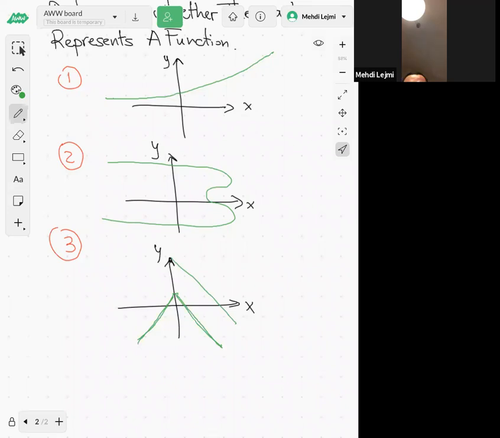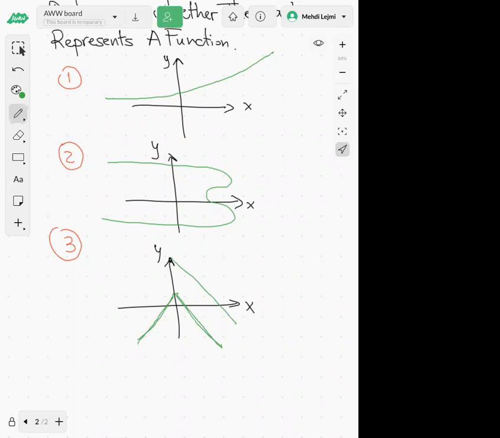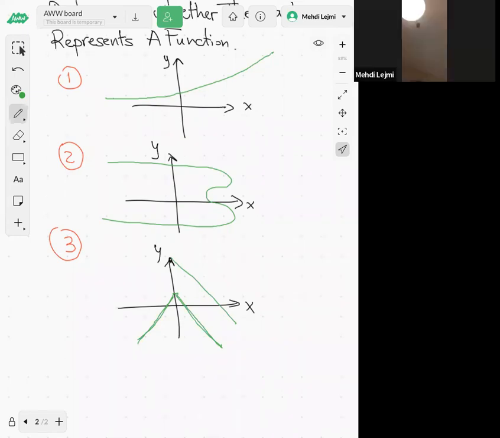Yes, guys, you're correct. I think this is not really complicated, right?